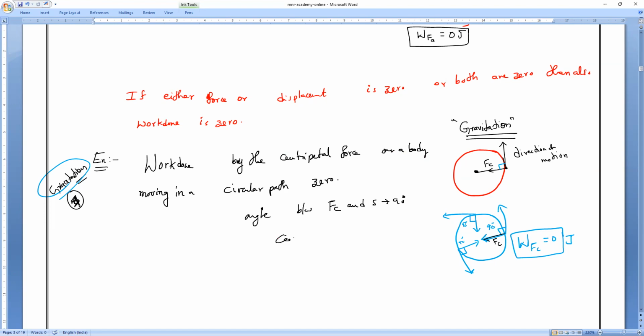So cos 90 is how much? Cos 90 is 0. So work done is equal to F S cos 90, which is equal to 0. Clear? And you write it. Centripetal force always acts along the radius of the circular path.